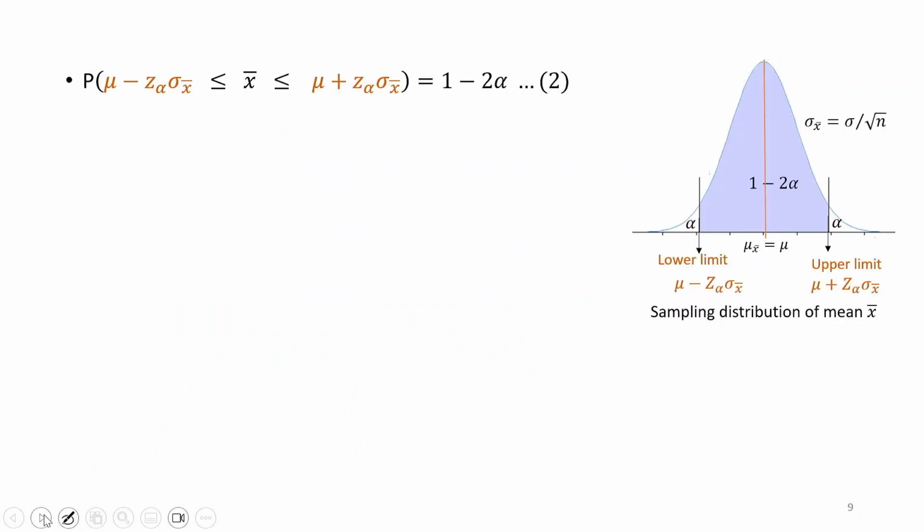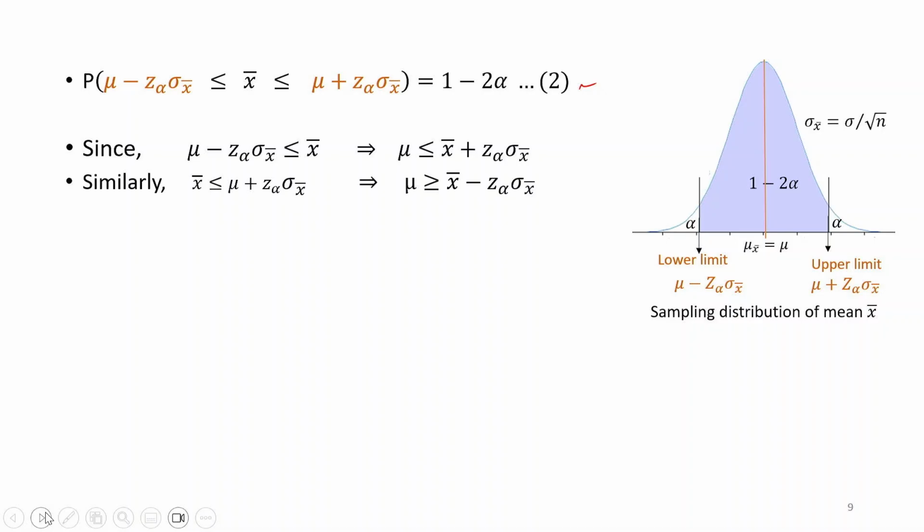From there, the same equation we are writing here also, there's no change. Now we take this part. Here, x bar is greater than mu minus z alpha sigma x bar, and therefore this is equivalent to writing mu is less than x bar plus z alpha sigma x bar.